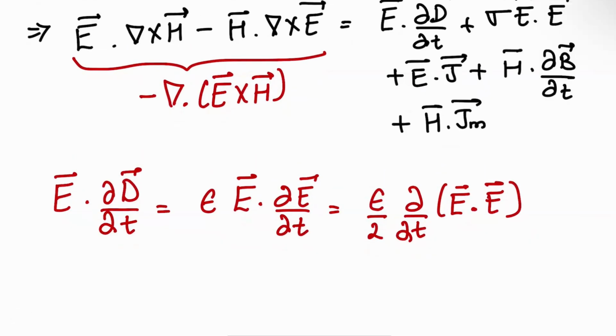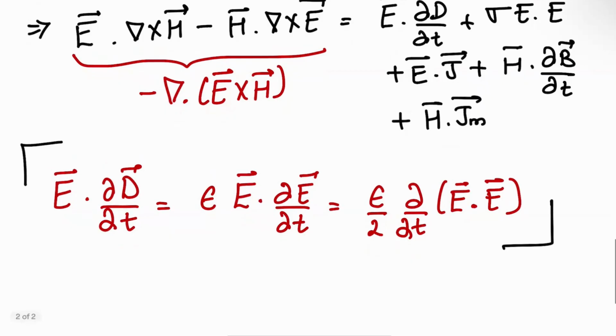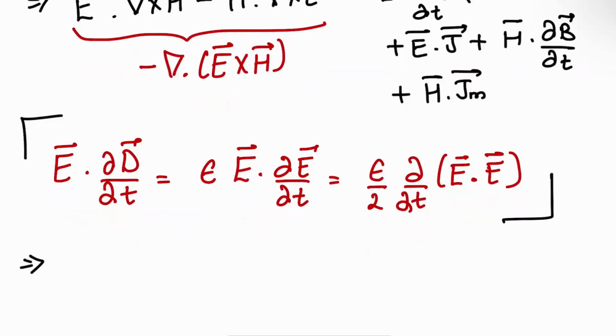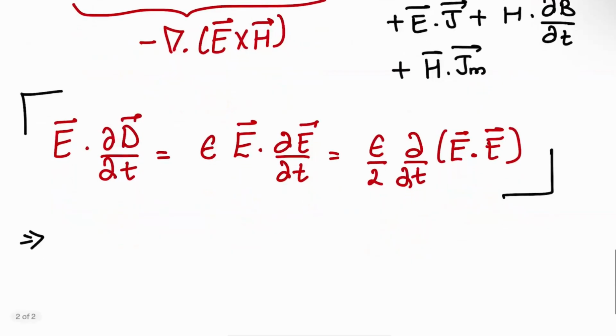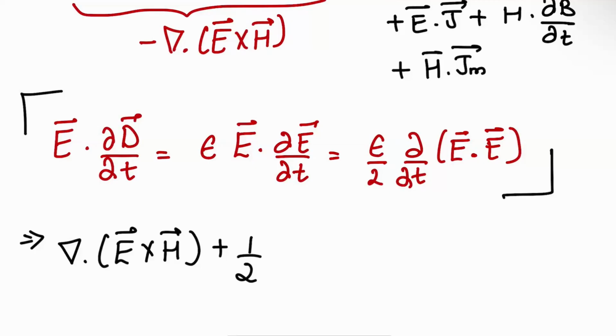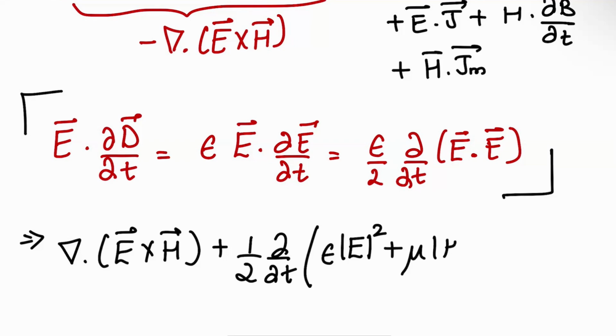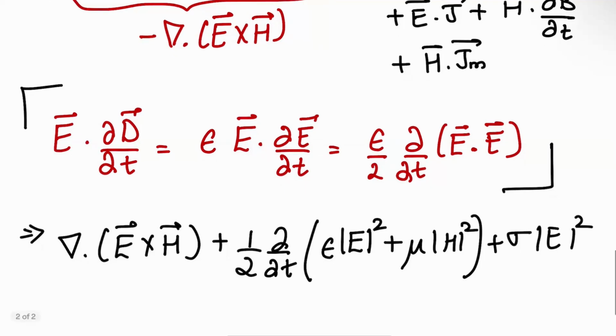All right. So given that, we can rearrange the terms again. So let me put this in a box. We send the divergence of E cross H to the right-hand side, and we end up with divergence of E cross H plus 1/2 d dt of epsilon mod E squared plus mu mod H squared plus sigma mod E squared.